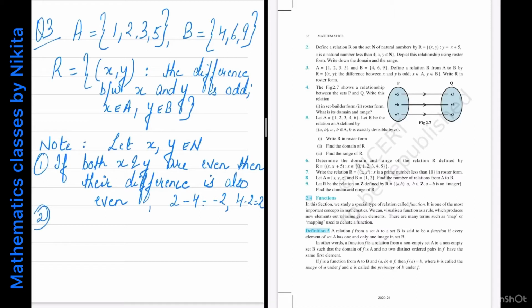Now secondly, if both x and y are odd, then their difference is even.